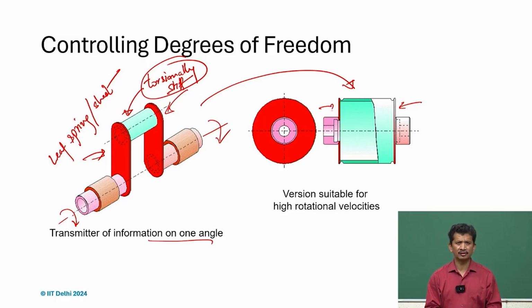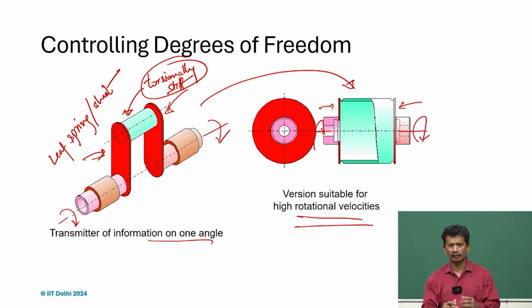Because that constraint is there, and it's symmetric, you can use it for high rotational velocities also. So again it's a clever design and embodiment of the similar concept.